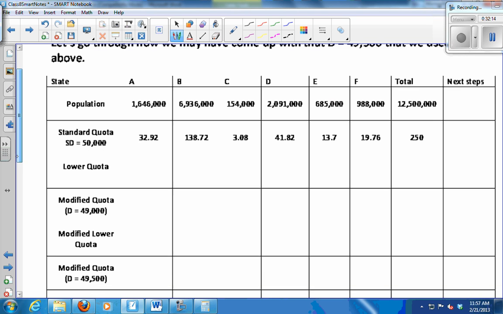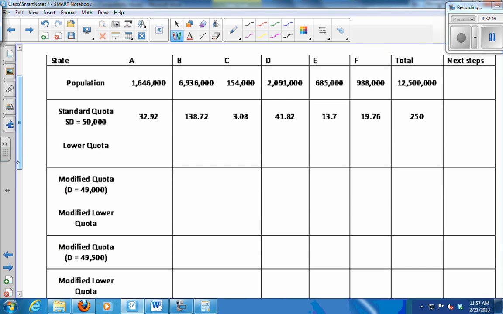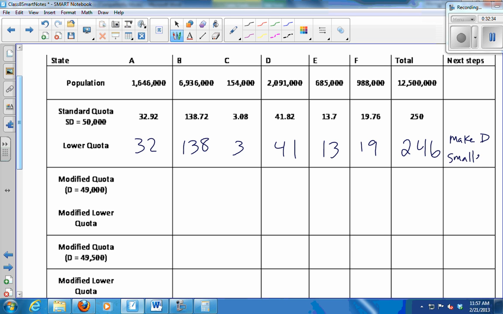So let's say I started with my standard quotas, right? I do my lower quotas, 32, 138, 3, 41, 13, 19, and it adds up to 246, which is too small, right? 246 is too small, so I want to make D smaller. So randomly guess, right?